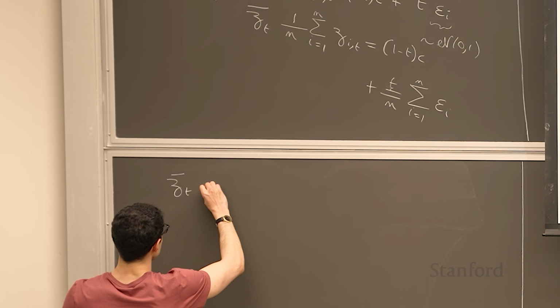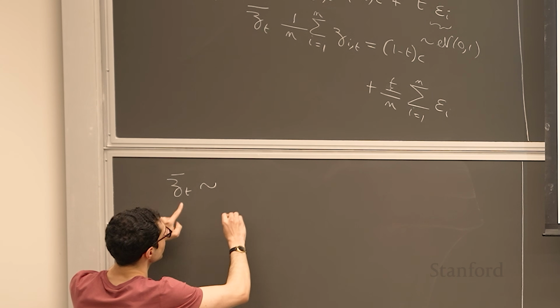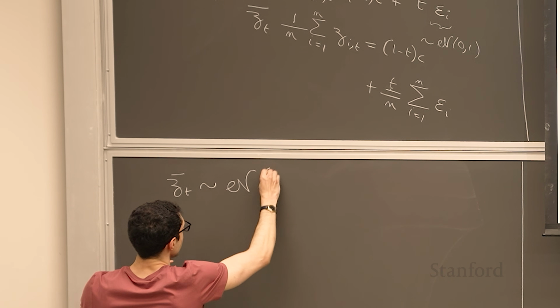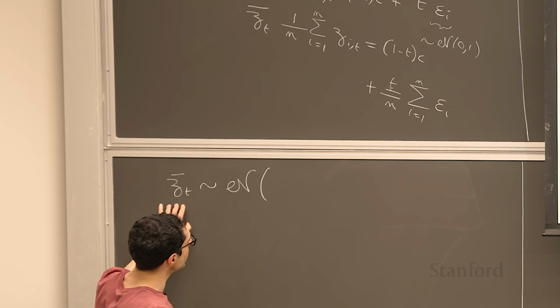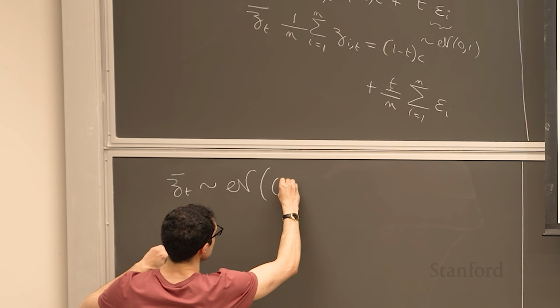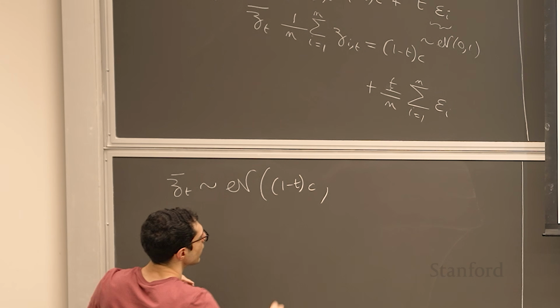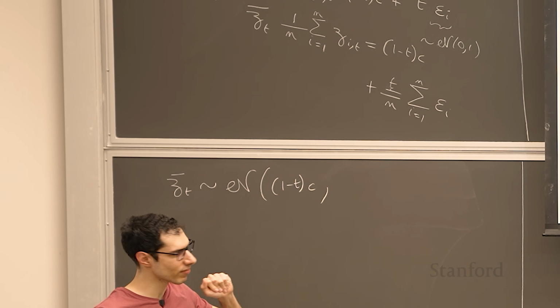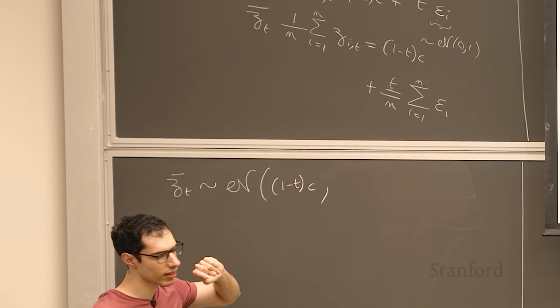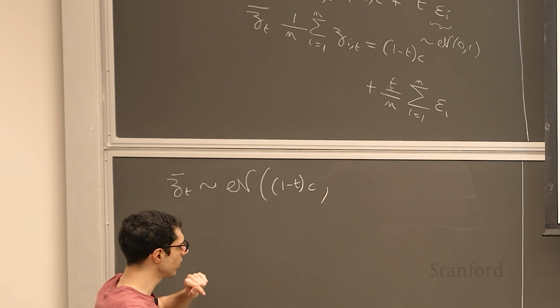What you can say about this quantity is that its mean is (1 - t) times c, and its variance, let's see. t over n is a constant.